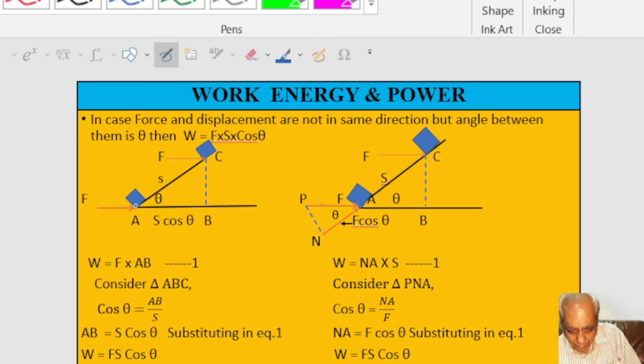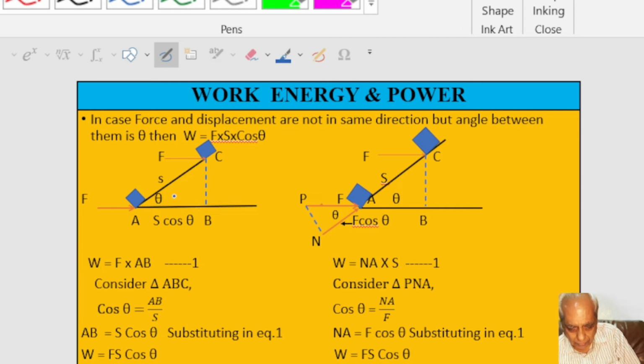So when I apply this force F at point A, the body moves along AC. As the body is moving along AC, displacement is AC. But as my force is horizontal, I have to take the displacement in the horizontal direction. So from C, I have drawn a perpendicular to the line of action of force. That point is B. So AB is the displacement in the line of action of force.